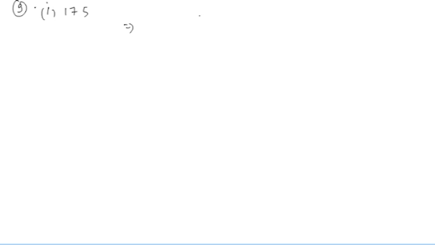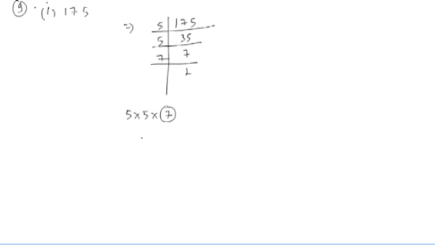The prime factors of 175 will be 5 into 5 into 7. So it is not a perfect square because 7 is a single number, so multiply by 7. So now it is a perfect square.